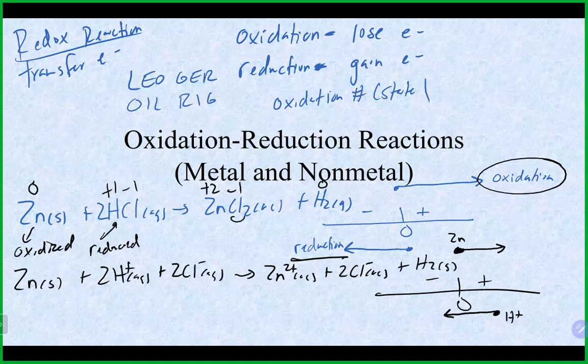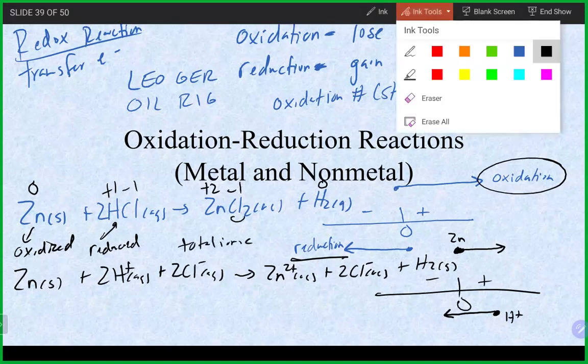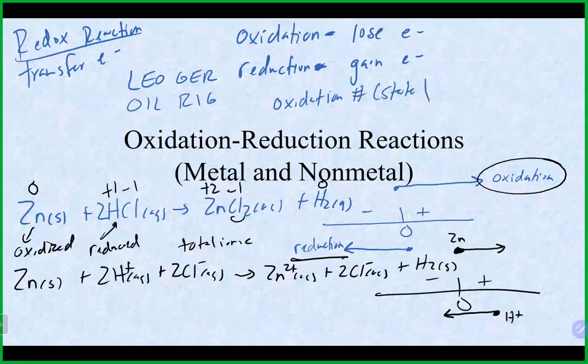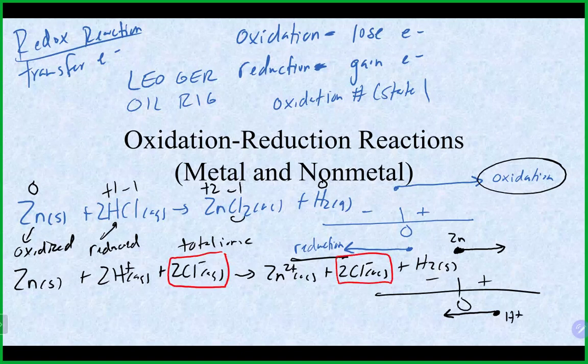And that would be my total ionic equation here. The chloride we just talked about really didn't change. It's a spectator ion. So it's just floating around doing nothing in this case, which is why nothing happened with it.